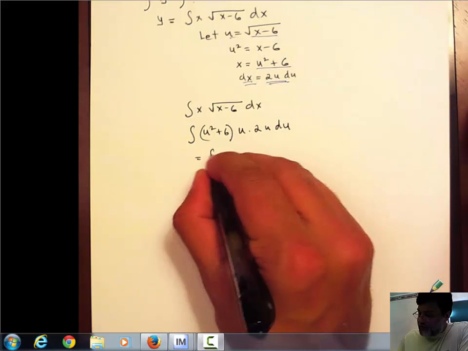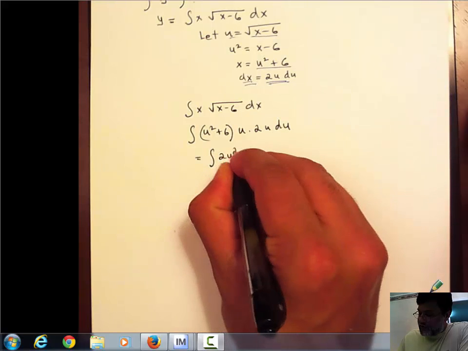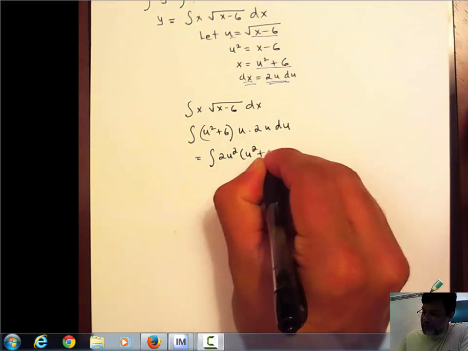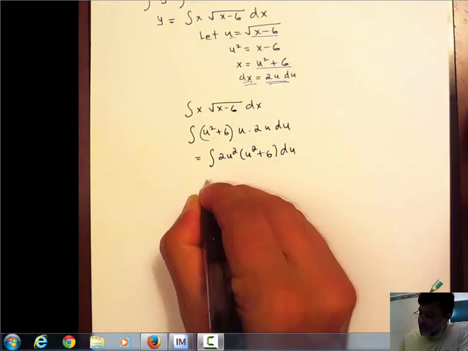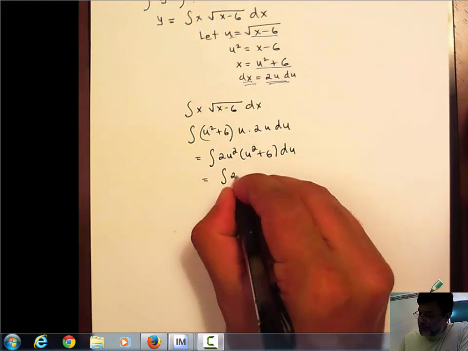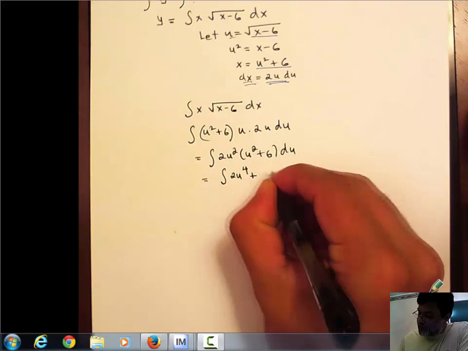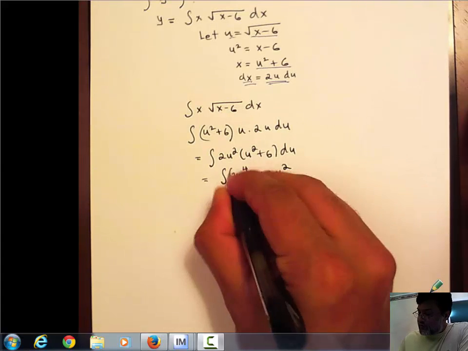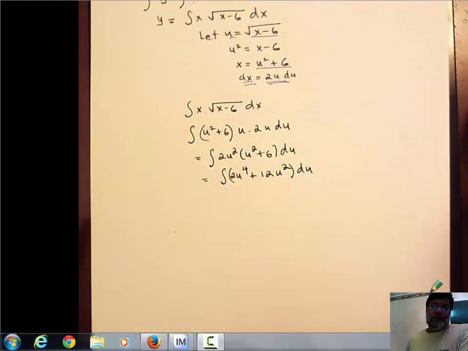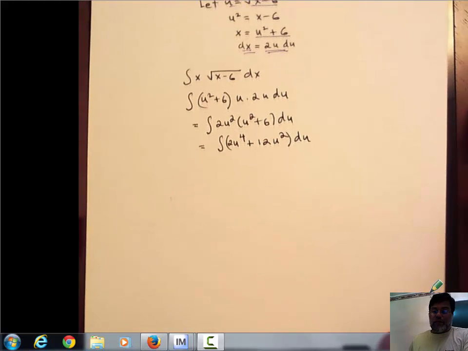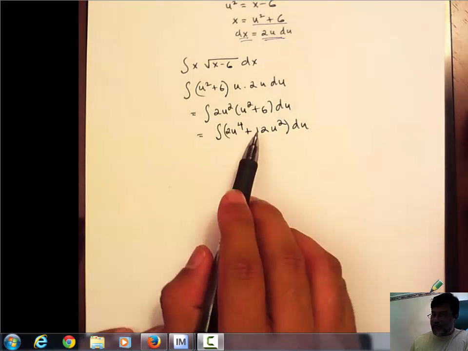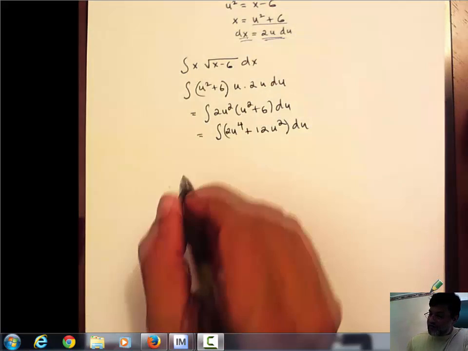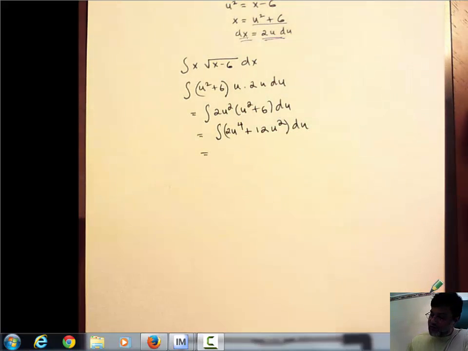So I have 2u squared times u squared plus 6 du, which is the same as 2u to the 4 plus 12u squared. This is much nicer than what we had before. So now we can go ahead and integrate.